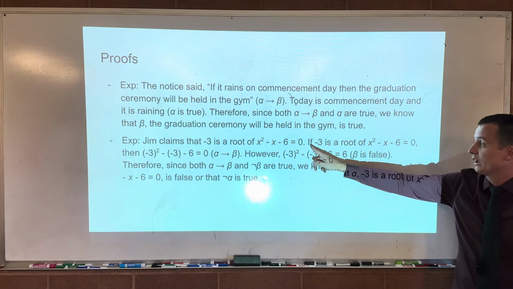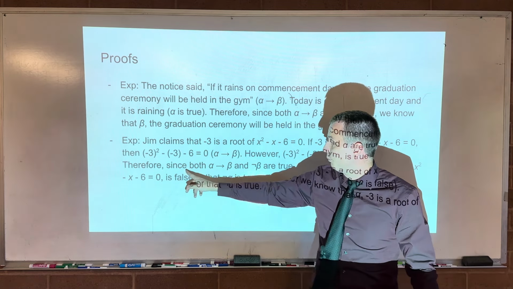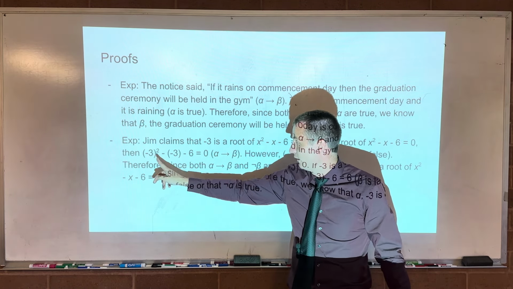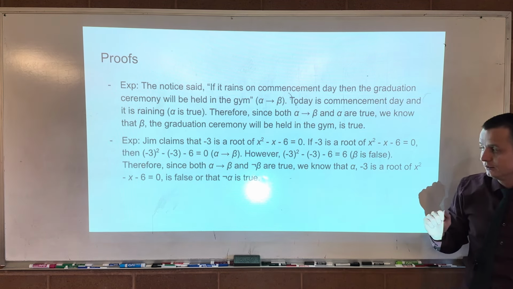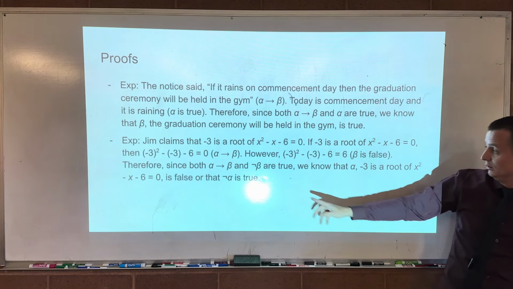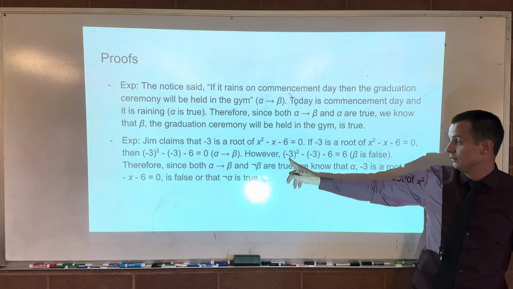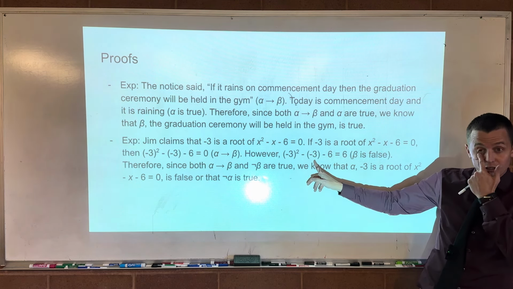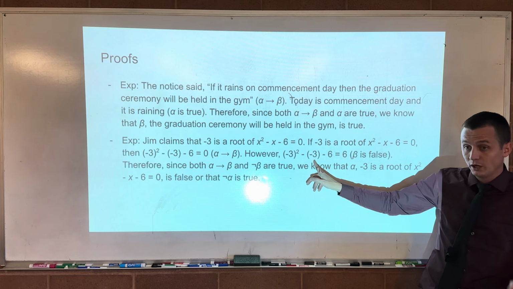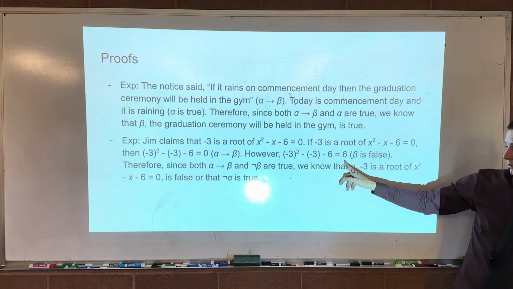So, now look at it. If negative 3 is a root of this, then that means when you plug in there, negative 3 squared minus negative 3 minus 6 has to equal 0. That would be alpha implies beta. However, negative 3 squared is positive 9. Positive 9 minus negative 3 is positive 12. Minus 6 is 6.